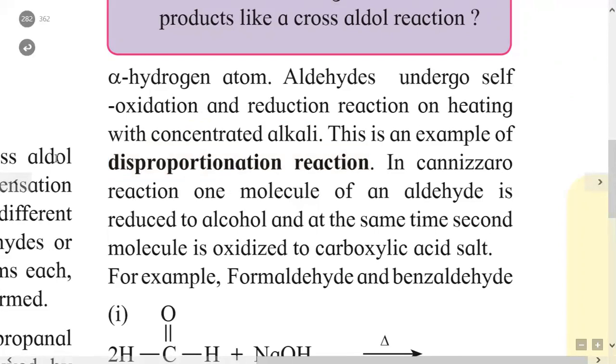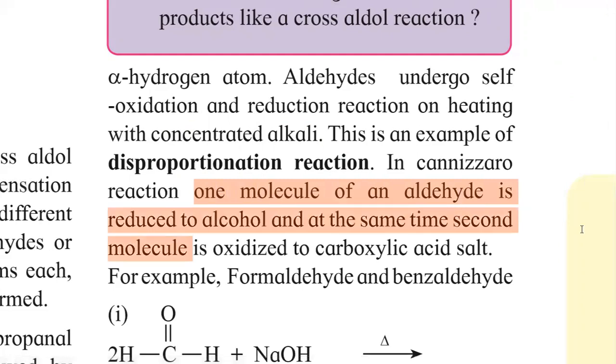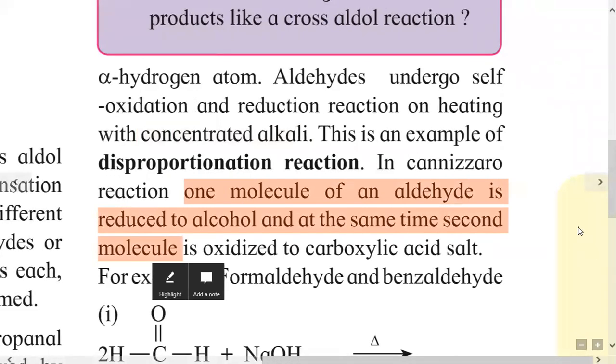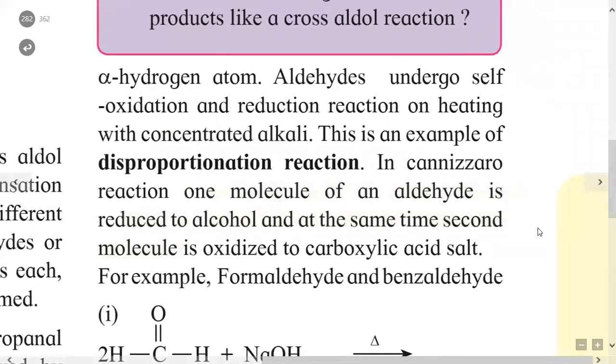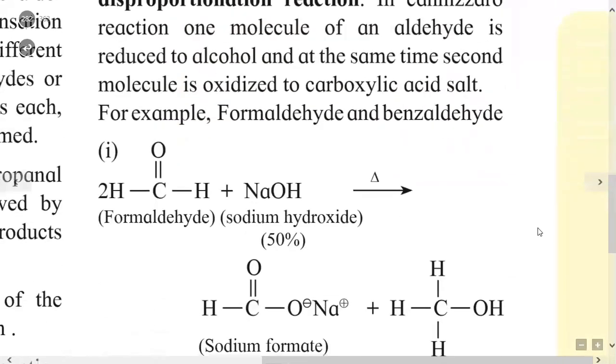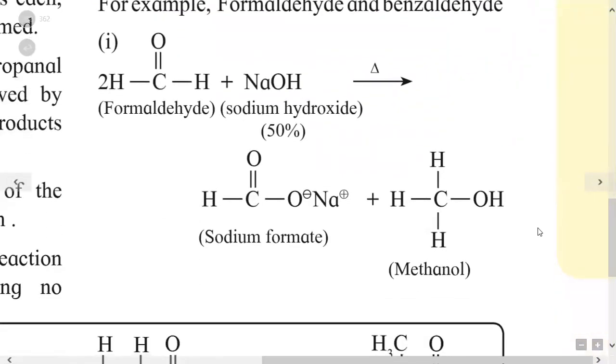In Cannizzaro's reaction, one molecule of aldehyde gets reduced to alcohol. At the same time, the second molecule of aldehyde gets oxidized into a carboxylic acid salt. For example, formaldehyde and benzaldehyde do not contain an alpha hydrogen atom and they show this Cannizzaro's reaction.